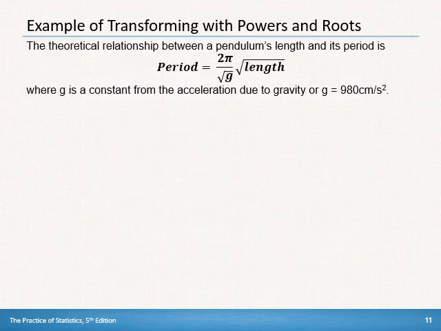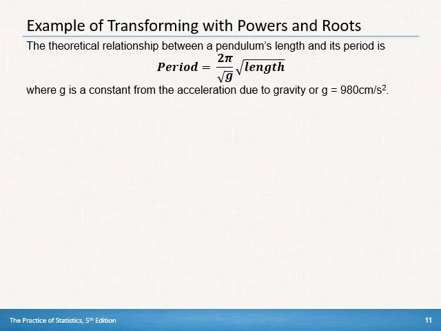All right, and if we know anything about pendulums, or if we remember anything about pendulums from physics class, we know that the period of a pendulum is equal to 2 pi divided by the square root of g, times the square root of the length. Now, g is not a variable. g is the acceleration due to gravity, and in this case we're going to use 980 centimeters per second squared.